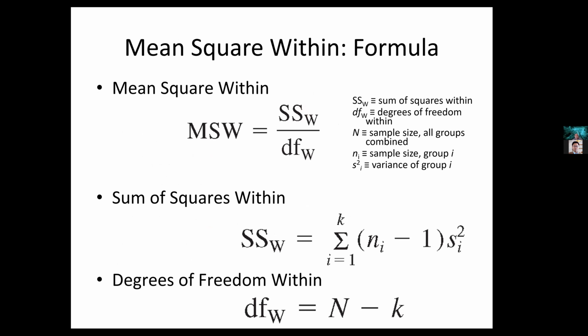Here, SSW, DFW. Again, it's just defining what these terms mean. So when we actually move to R, you can understand what the program is doing so you can make sense of all of these variables.